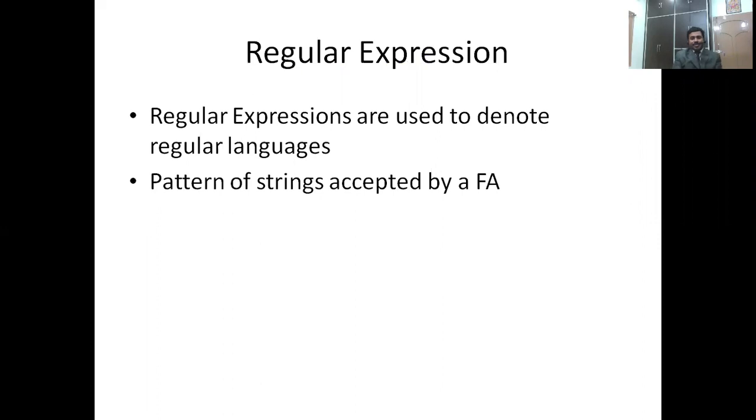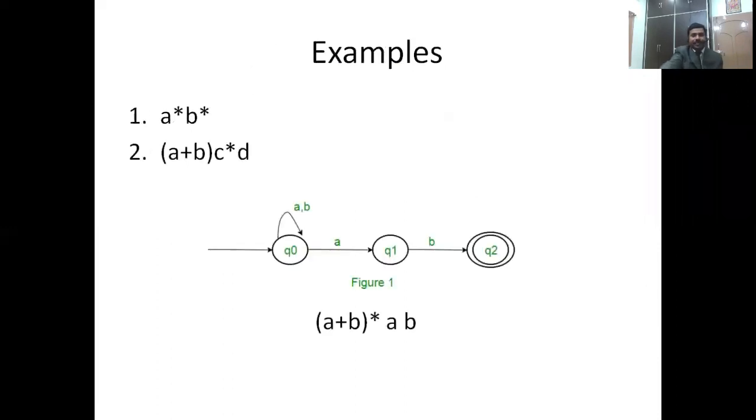DFAs, NFAs, and NFAs with epsilon moves accept a language called a regular language. A language consists of a set of strings that can be accepted. When all the set of strings are represented with a common expression, that expression we call a regular expression. So the pattern of strings accepted by a finite automaton is a regular expression.